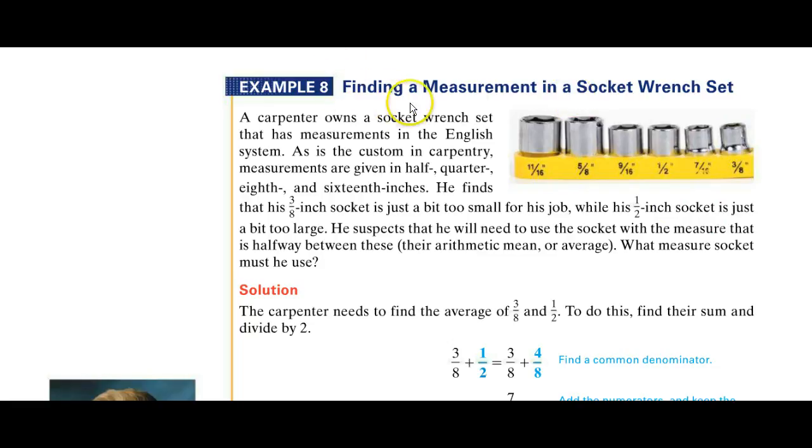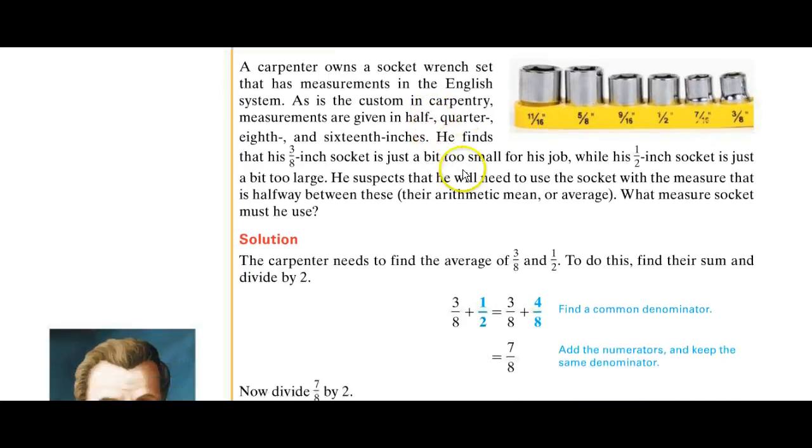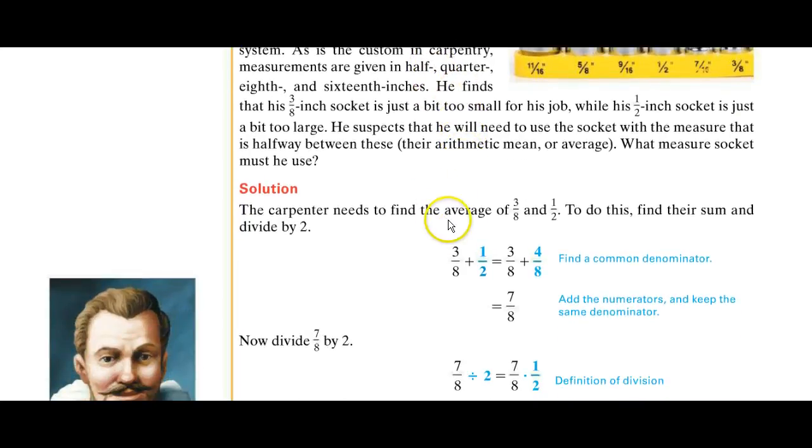Now we're going to find measurements in a socket wrench set. And here we have sockets that are fractions. And we want to find the average between two fractions. And this describes it. So what does he do? Well, we have to add our fractions together and then divide by 2. So there's the sum of our fractions. We're dividing it by 2.